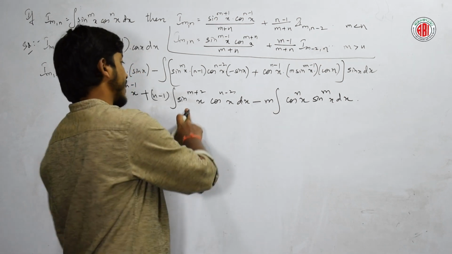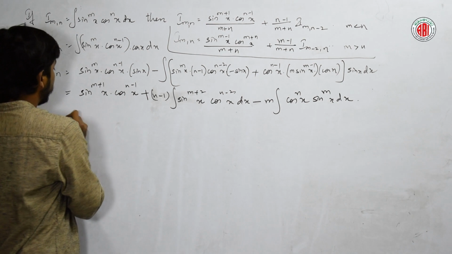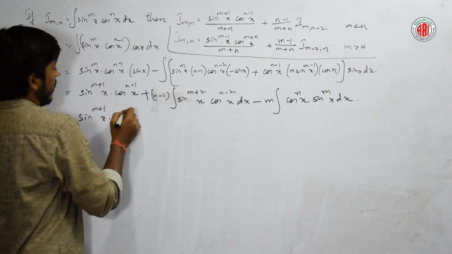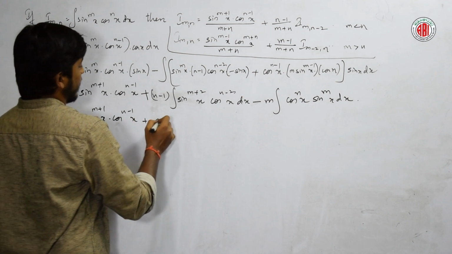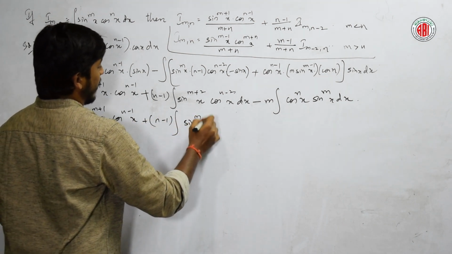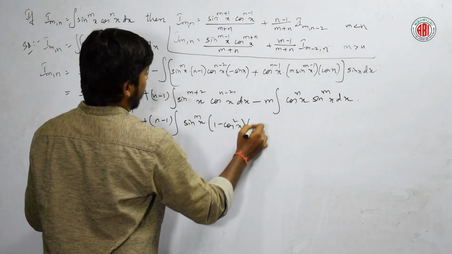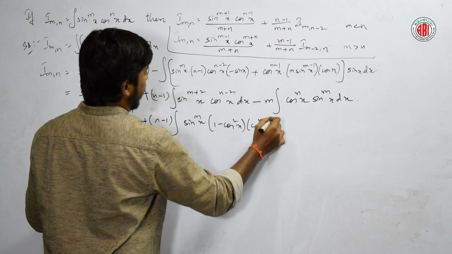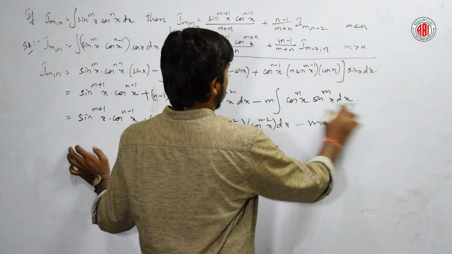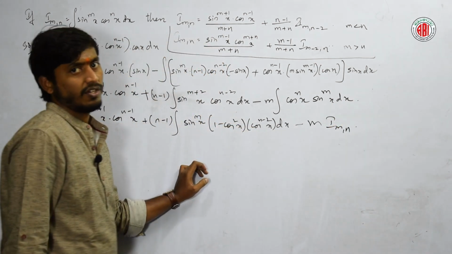So let us write this sin square as 1 minus cos square. What do we get? sin^(m+1) x cos^(n-1) x plus n minus 1 into integral sin^m x into (1 minus cos square x) into cos^(n-2) x dx minus m into, what is this? This is I_mn. Is it okay?